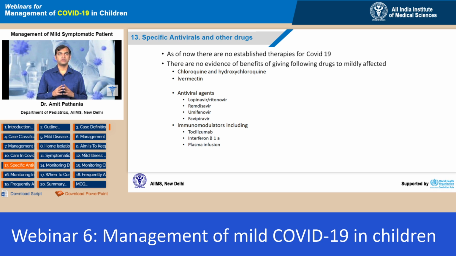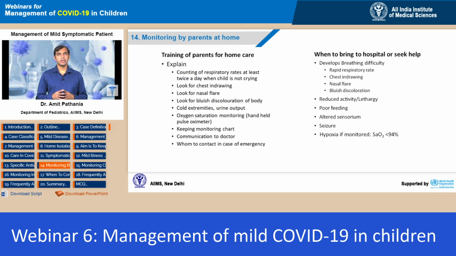or plasma infusion. Parents or caregivers should be trained to monitor the child at home by explaining how to count respiratory rate. They should do it at least twice a day and when the child is not crying.